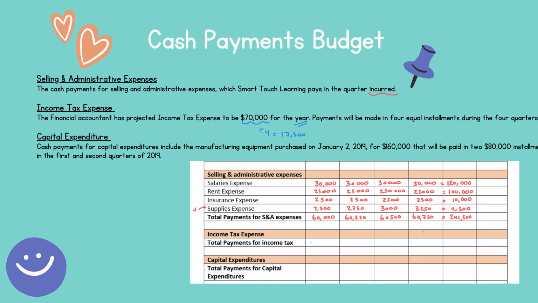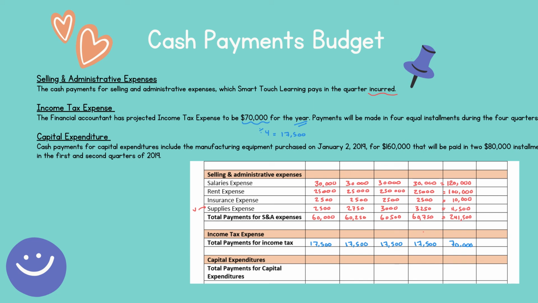So it's going to be 17,500 in quarter 1, 17,500 in quarter 2, 17,500 in quarter 3, 17,500 in quarter 4, and last for the total it's going to be 70,000.